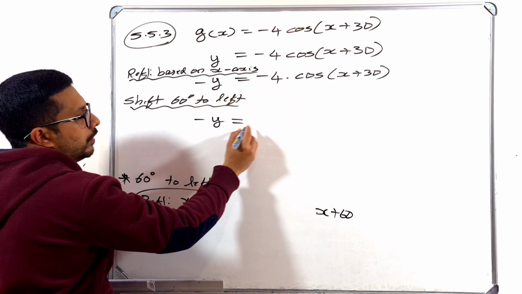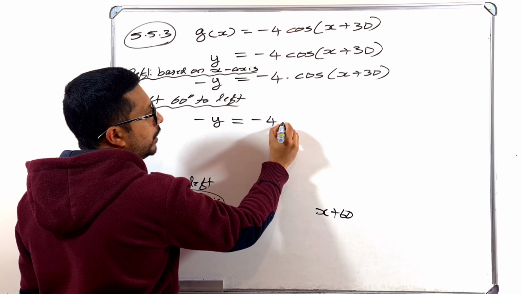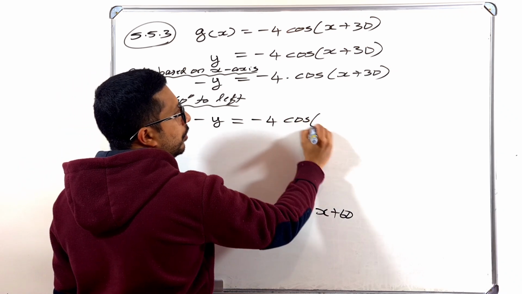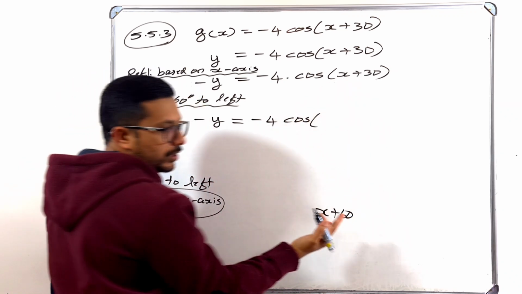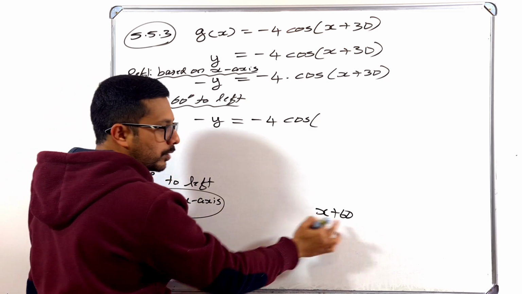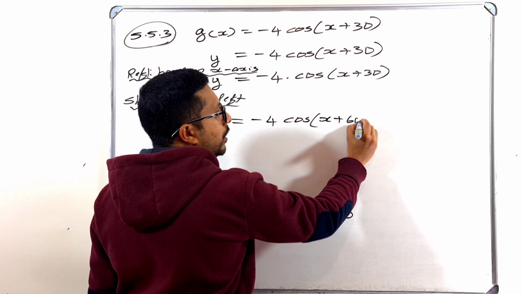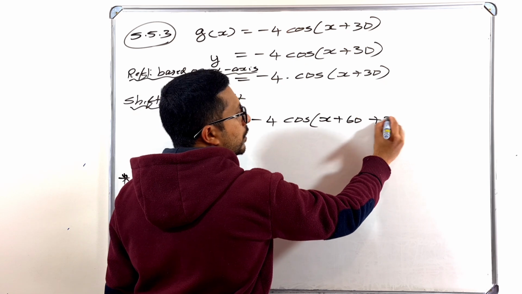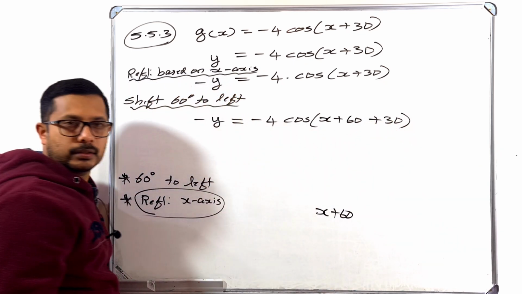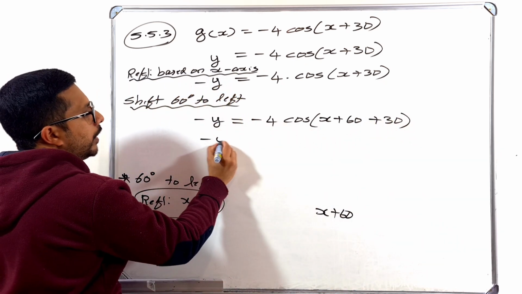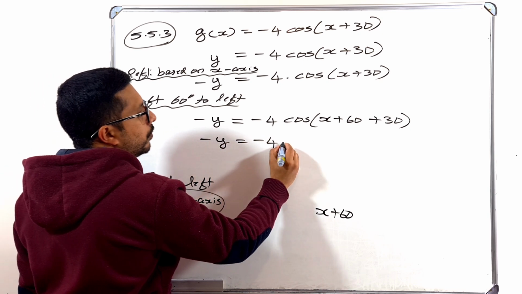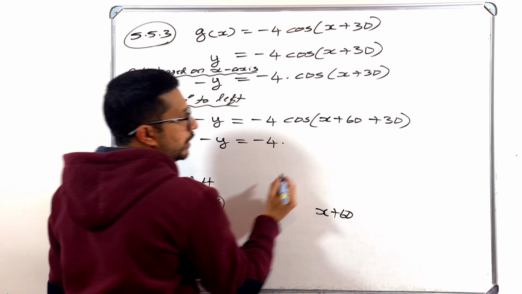Minus y is equal to minus 4 cos of this, instead of that x, 60 degrees to the left, that means x plus 60. So instead of that x, I'm going to write x plus 60, then plus 30. So minus y is equal to minus 4 into 60 plus 30 is 90.